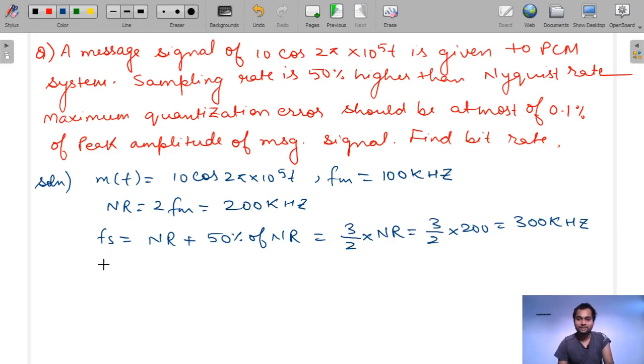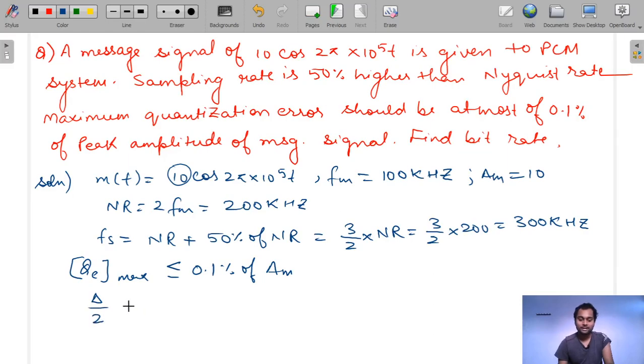Now our maximum quantization error, QE max, is less than or equal to 0.1% of peak amplitude of message signal, that is Am. And what is our Am here? Am is 10. Now QE max is delta by 2, that is equal to 1 by 2, and delta value is 2 into Am divided by 2 to the power n, that is less than or equal to 0.1 into Am, which is 10, divided by 100.